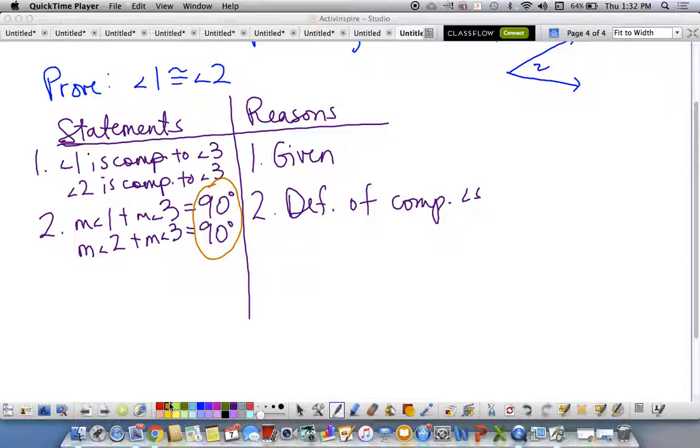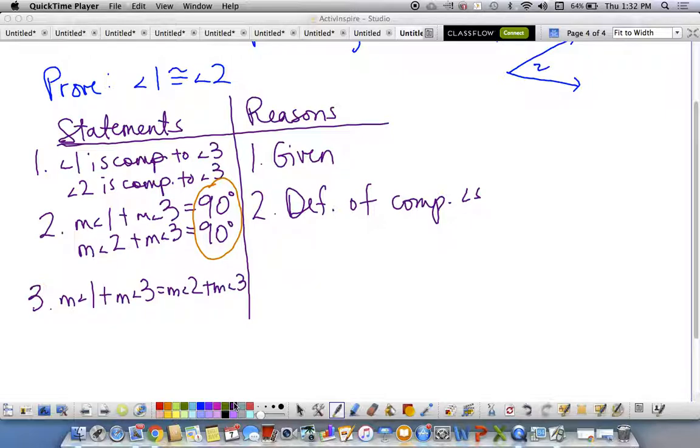We do. So if I say the measure of angle 1 plus the measure of angle 3 equals the measure of angle 2 plus the measure of angle 3.